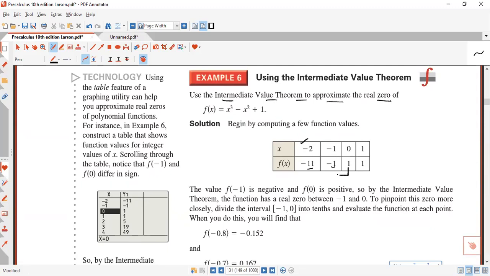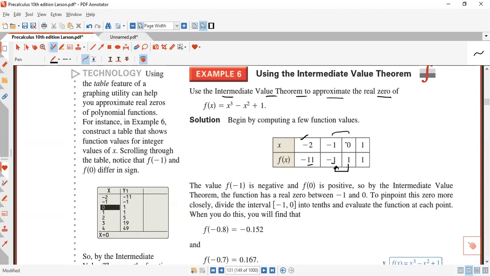So here we are interested in this interval, from -1 to 0, because the value of the function changes from -1 to 1. So in between negative and positive, there must be a zero. So one real root may be in between -1 and 0. Clear?